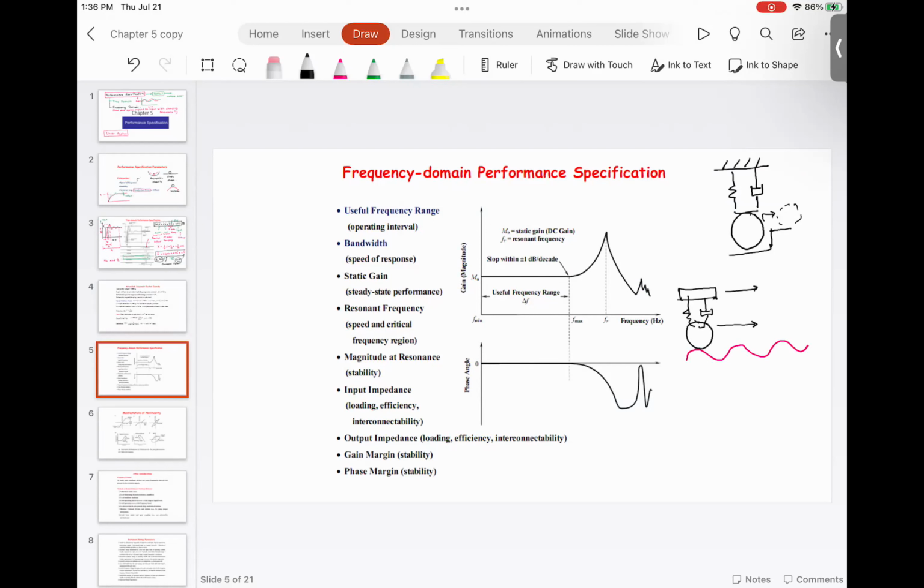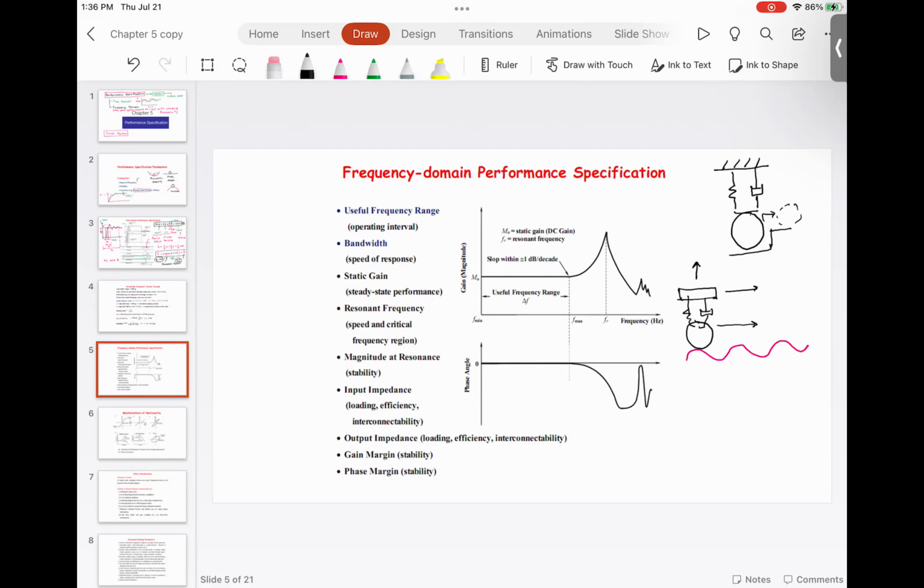From an analysis point of view, either the vehicle can be moving on the road and the road is stationary, or the vehicle can be stationary but the road can be moving, which means the frame of reference can easily be changed. So if you imagine that I have this road profile that I'm traveling at a velocity, that suspension is continuously sinusoidally excited, and I want to know how this system behaves under the sinusoidal input.